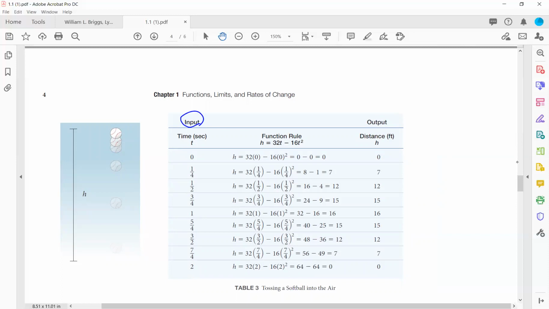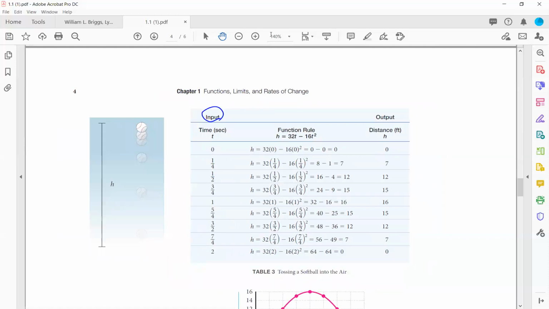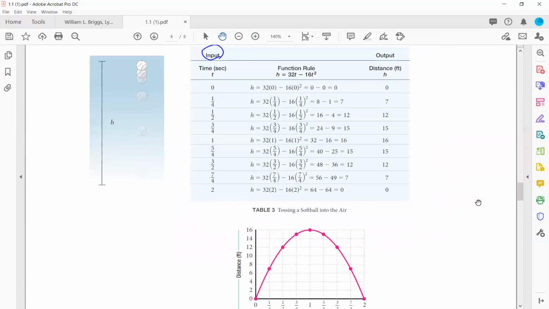We can plug in different values in between 0 and 2, and calculate the output values.